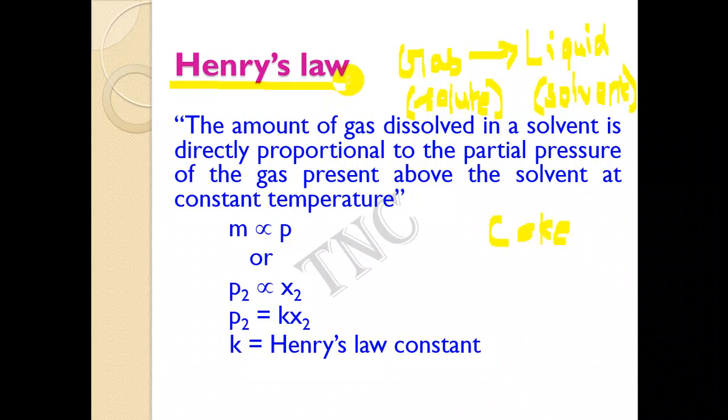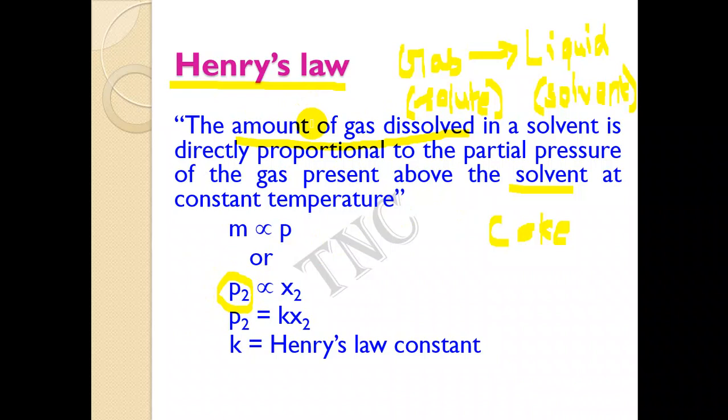This particular law deals with the amount of gas dissolved in a particular solvent. It gives a clear relation between the amount of gas dissolved and the pressure of the gas which we are maintaining above the liquid. So the pressure of gas is P2. For the amount of gas dissolved in solution, we don't use grams.